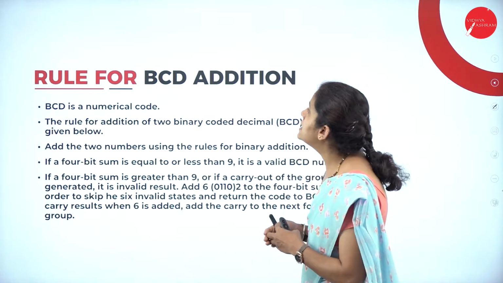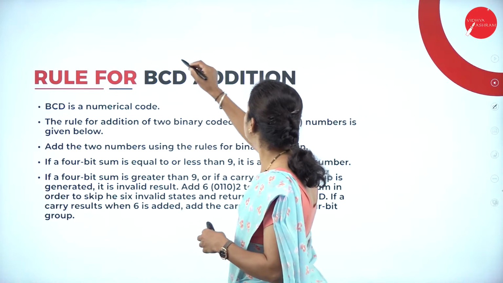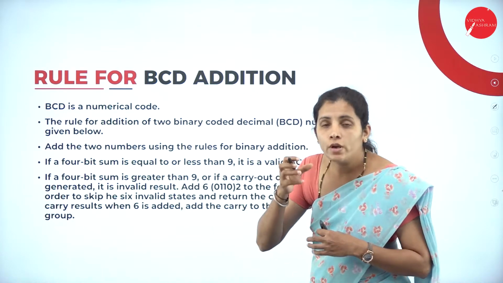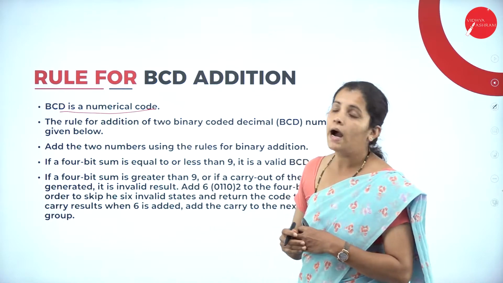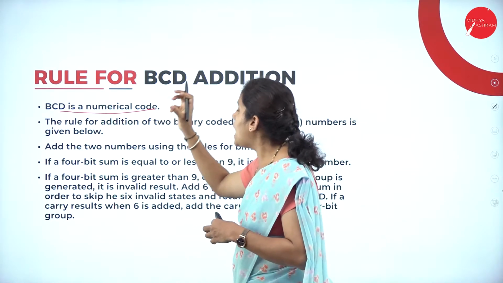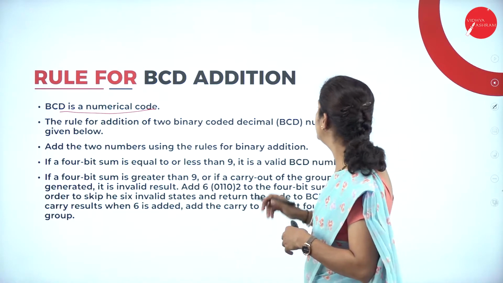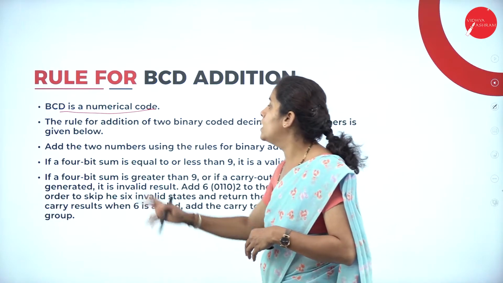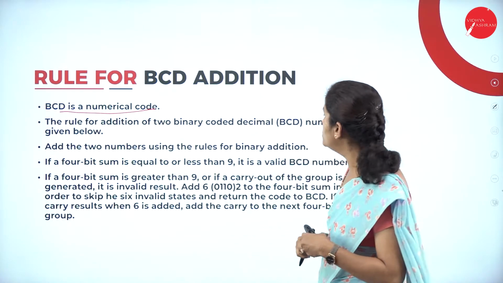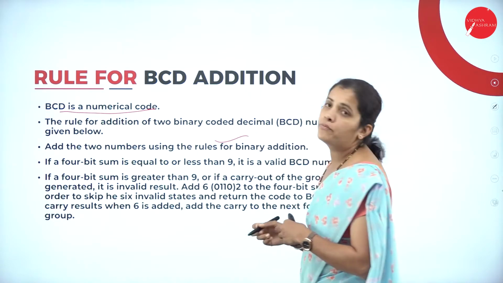Moving further, let's see the rules for BCD addition. So here BCD is a numerical code, and the rule for adding 2 BCD numbers is given below. What is the first rule? Add 2 numbers using the rules of binary addition.